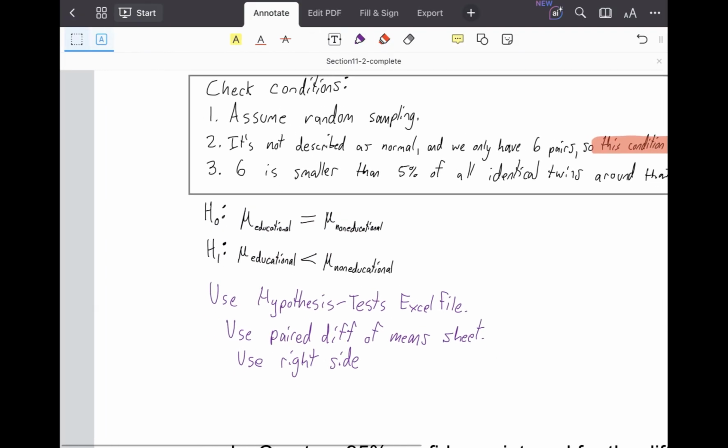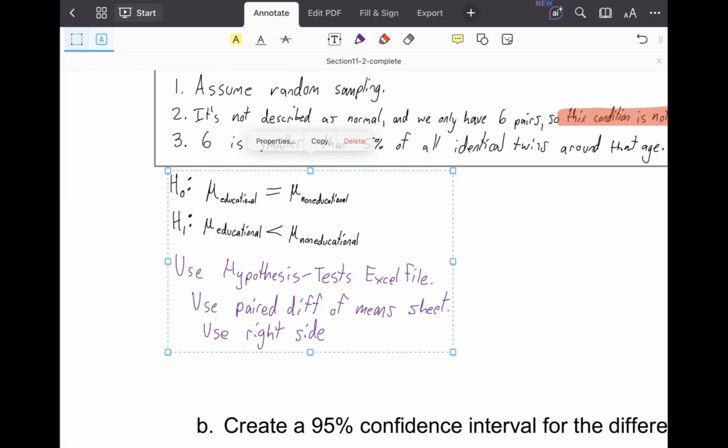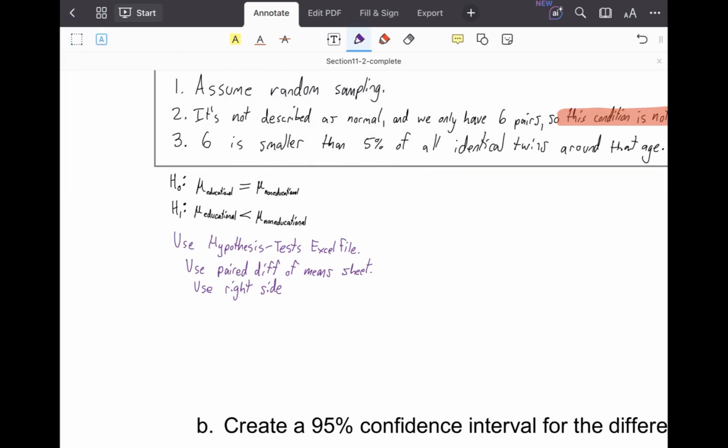Make this a little smaller. We're going to plug in the data, and that's pretty much all we're going to have to plug in. The level of significance, though, was 0.05. That's given in the problem. And then the tail direction is the only other thing that we would have to identify. And we're doing a left-tailed test in this situation.